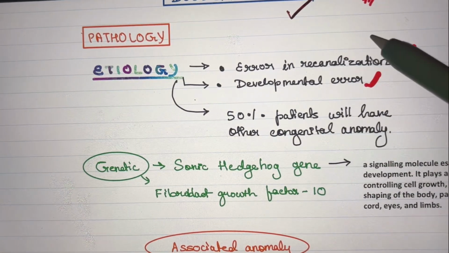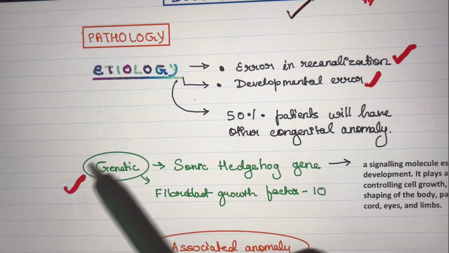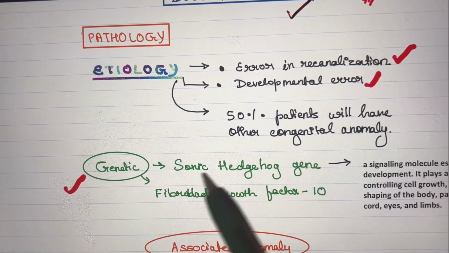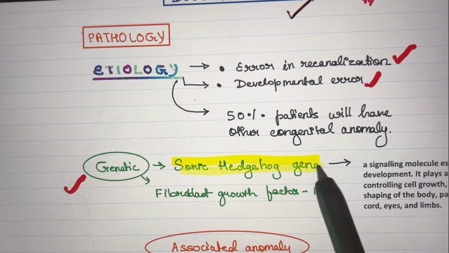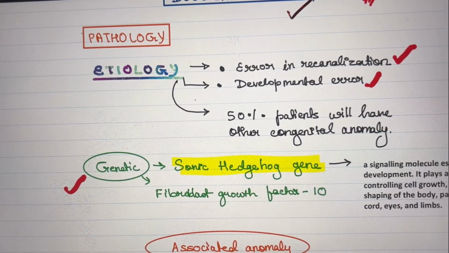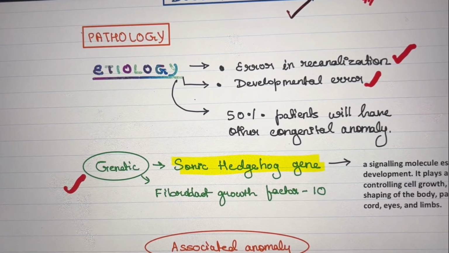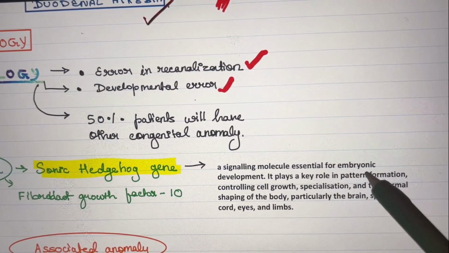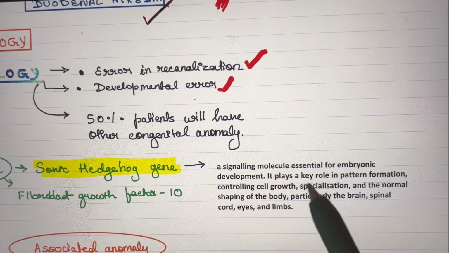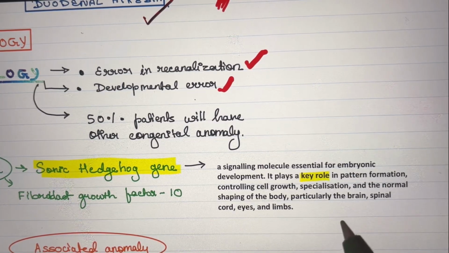These are the etiologies. There might be a genetic etiology. You have to know this, you will read this many times, that is the sonic hedgehog gene. Sonic hedgehog is a signaling molecule essential for embryonic development, and it plays a key role in pattern formation.